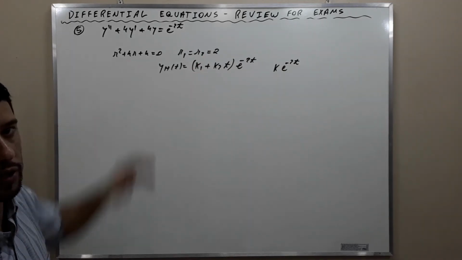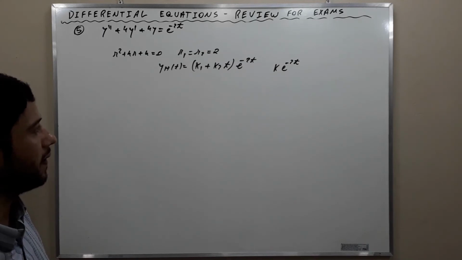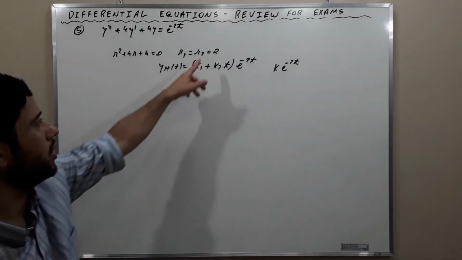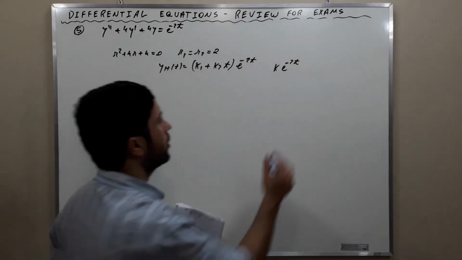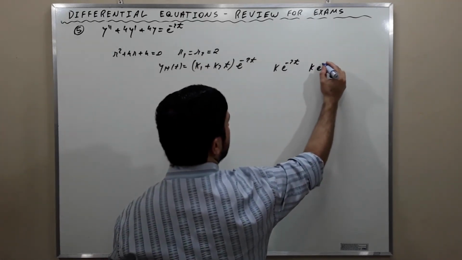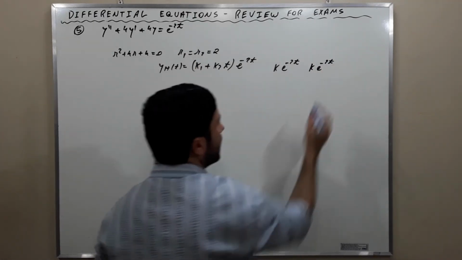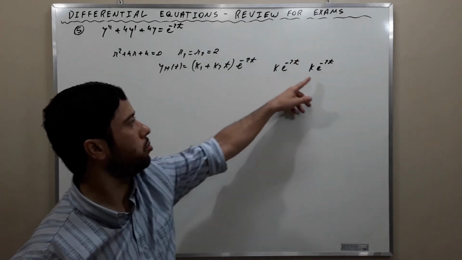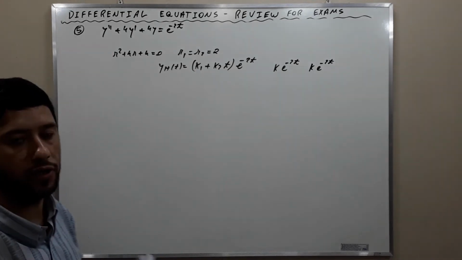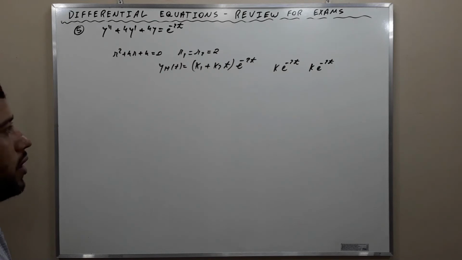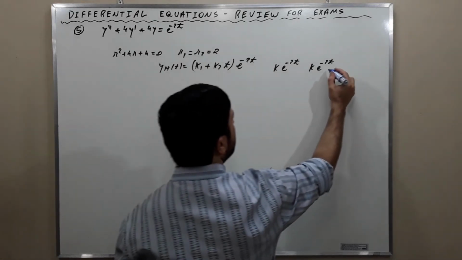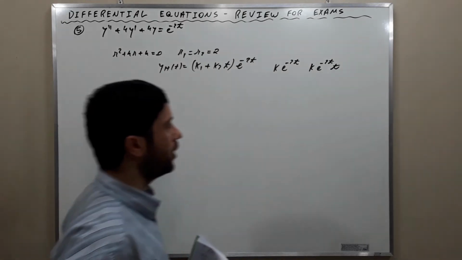The quadratic equation has two roots. But the roots are equal. And if I put here another k e raised to negative 2t, they become equal. And this does not reflect the real solution. Then I need to multiply here by a t, okay?